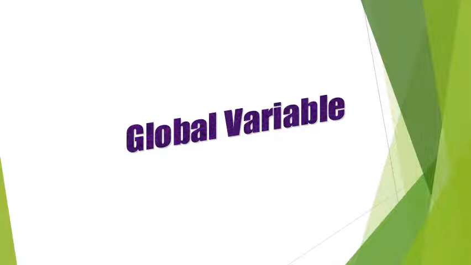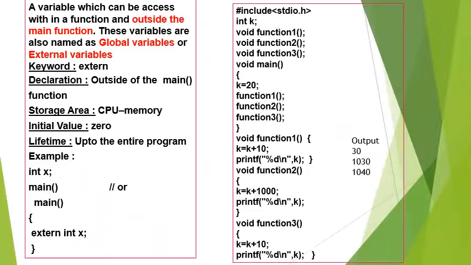Now this one is a global variable. You can see an example. What is a global variable? A variable that can be accessed within a function and outside the function is called a global variable or external variable.